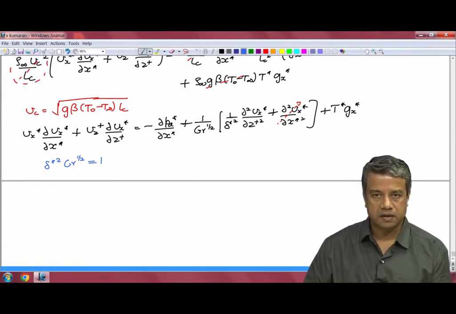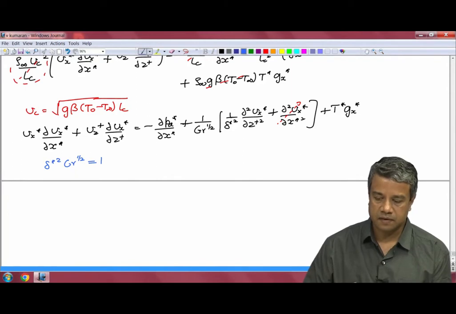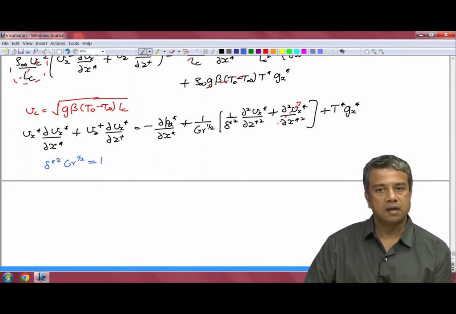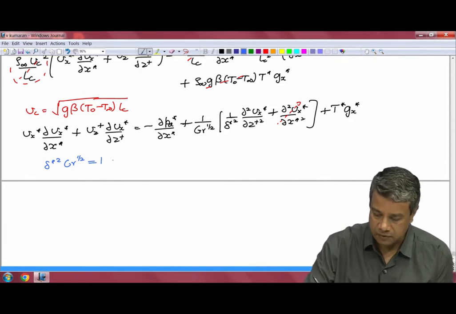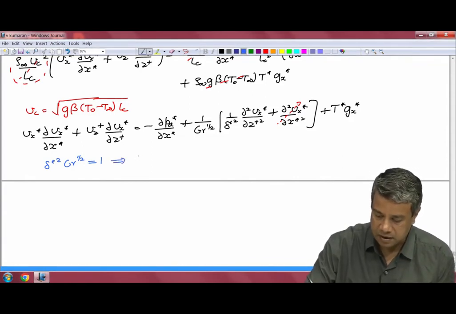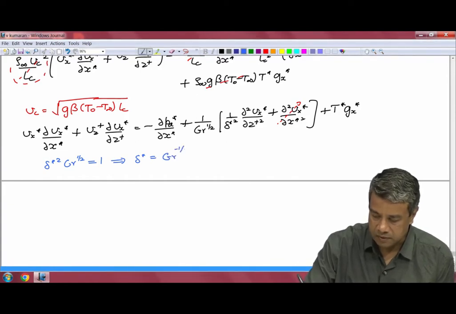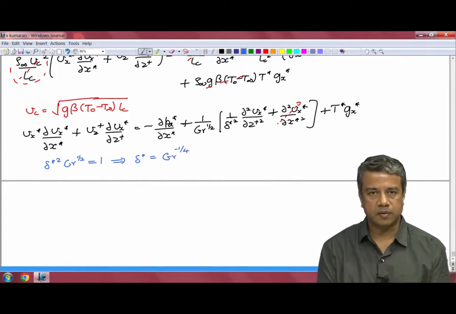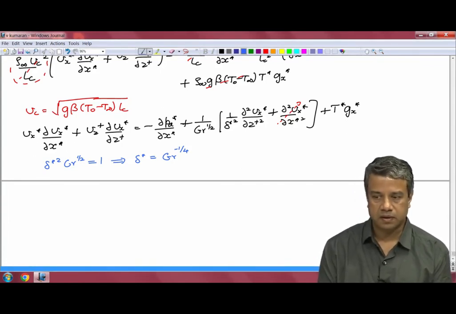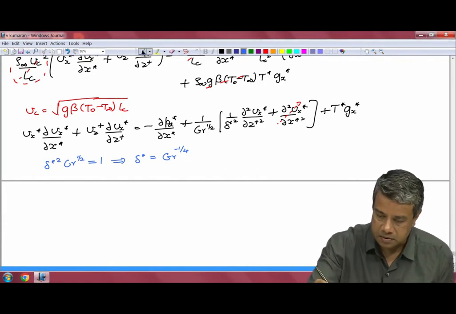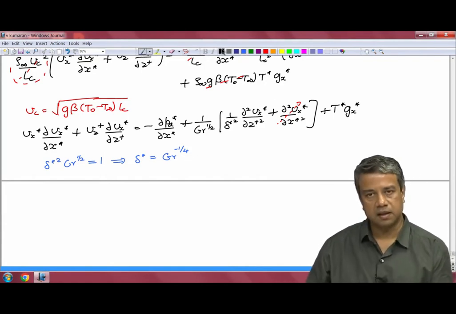It can be any constant. The solution in terms of the similarity variable will depend on the constant. The solution in terms of the original spatial variables will not in general depend on the constant. Therefore, without loss of generality, I can take delta star equal to the Grashof number to the minus 1/4, in the limit as the Grashof number becomes large.